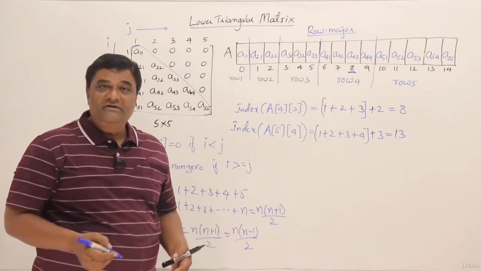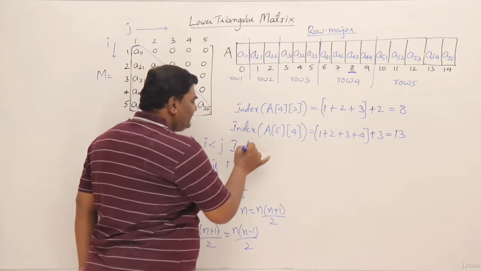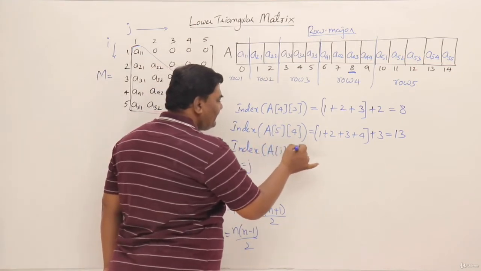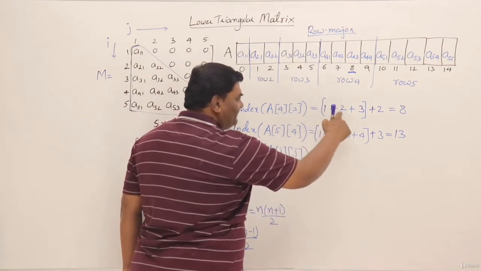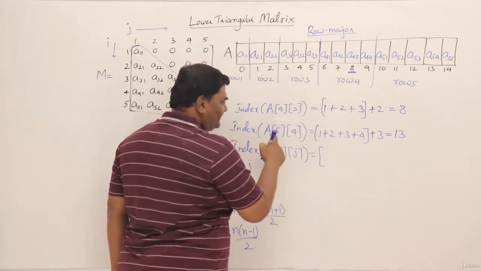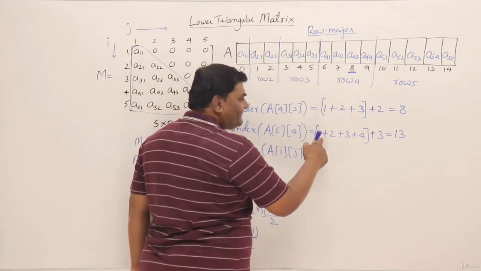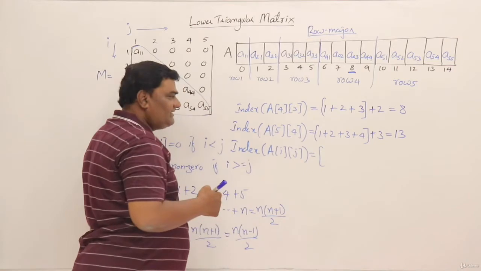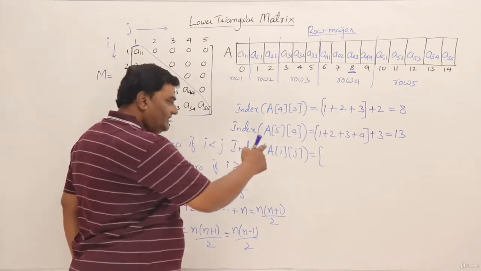So what is the formula for any i, j? So for any index A of i, j, the formula should be, see, this is adding 1 plus 2 plus 3 because it is 4. This is adding 1 plus 2 plus 3 plus 4 because this is 5. So this means for 5 it is 5 into 5 minus 1 by 2, that is the sum of n natural numbers less than 5, that is 1 less than i.